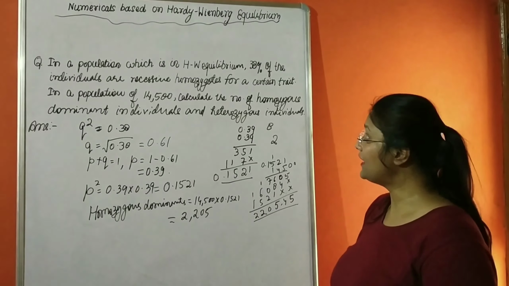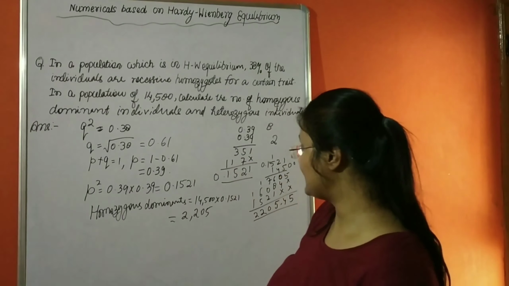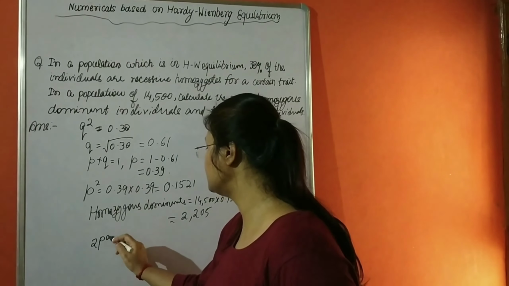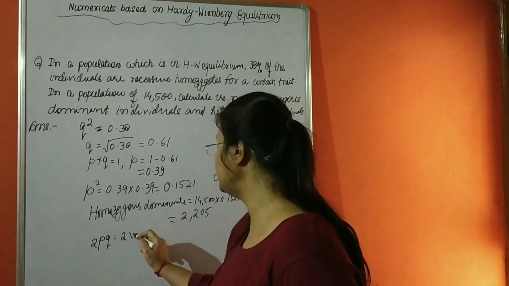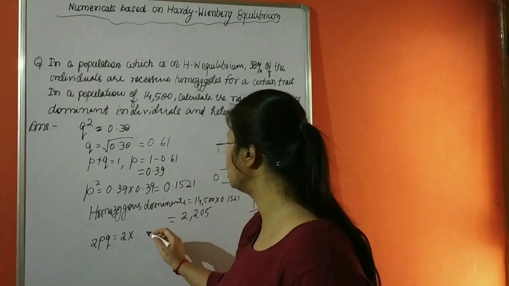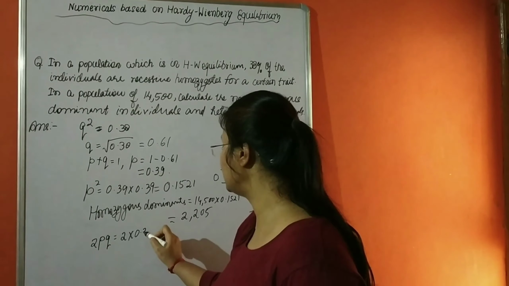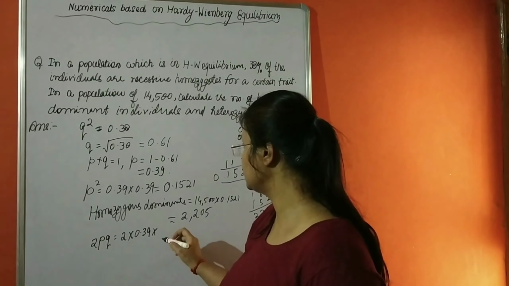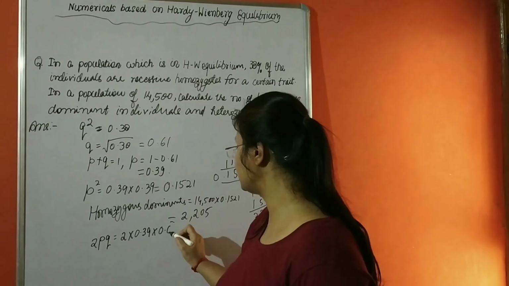Further, we need to find out heterozygotes as well. So heterozygotes, as we know, are 2 into p into q, which is 2 into 0.39 into 0.61.